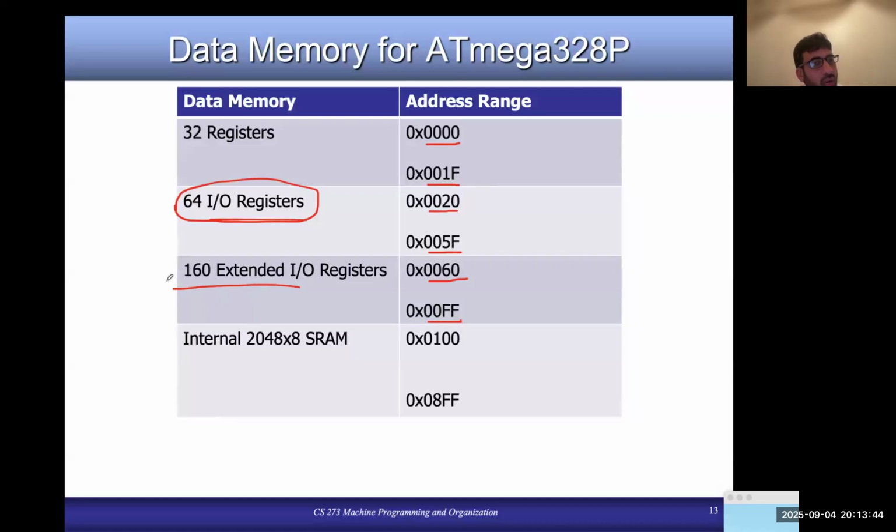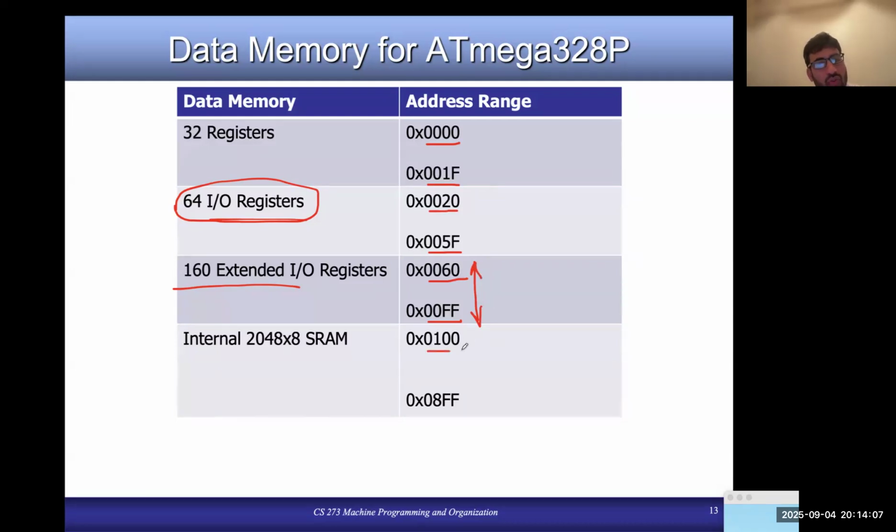What is the advantage? The more IO registers you have, the more input output devices you can interface and connect with your microcontroller. So if you want to do that, you need more registers, and which means you also need an address range for those extended IO registers as well.